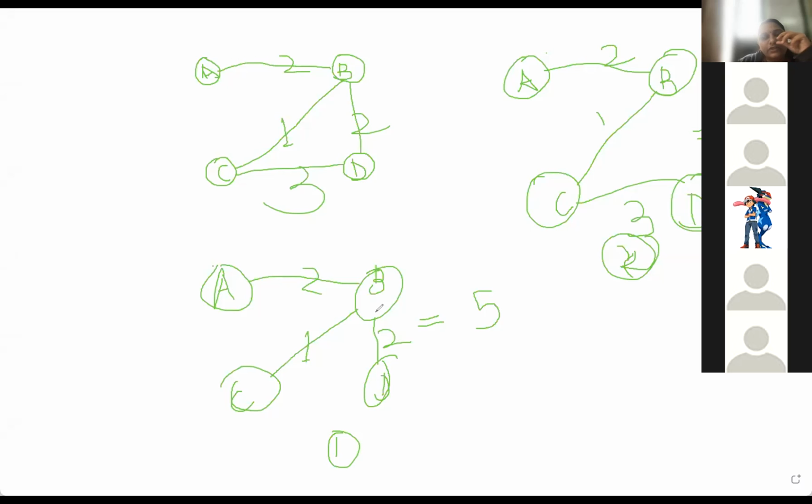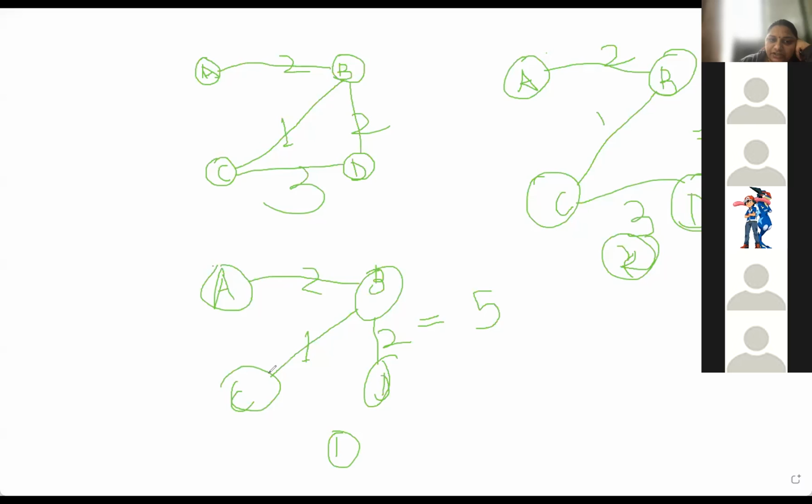Here we have used Prim's algorithm. For the first spanning tree, we have used Prim's algorithm. How? Arbitrarily we have taken any vertex. So I considered here the C vertex.